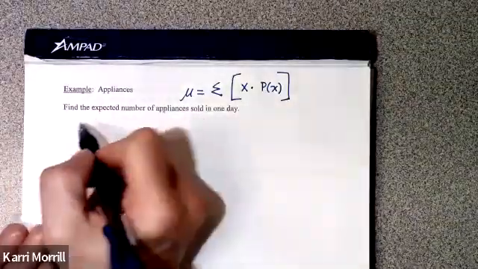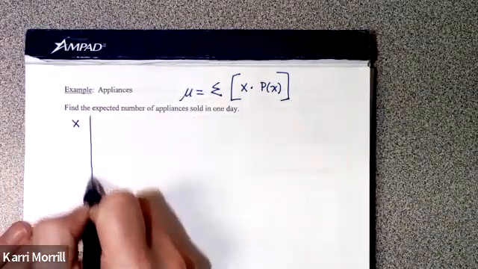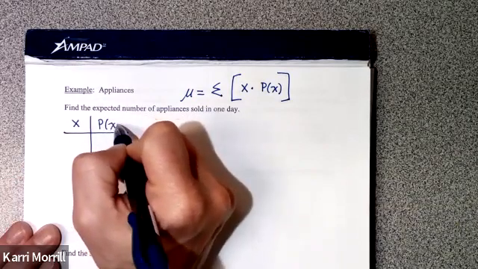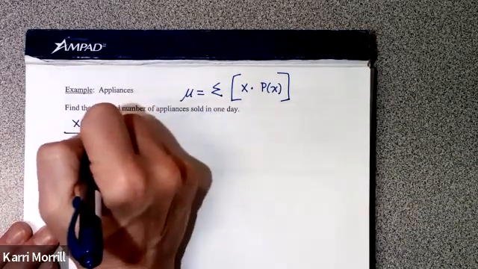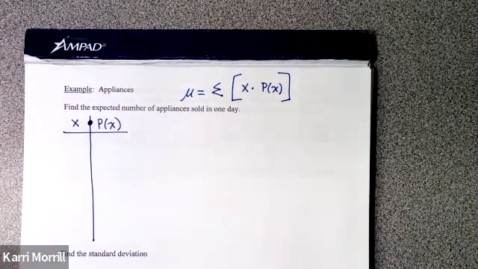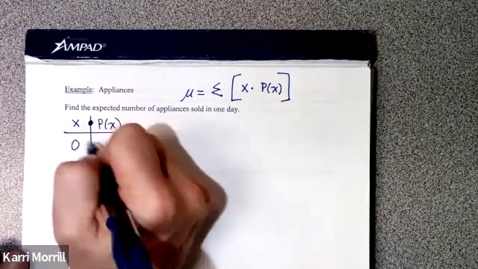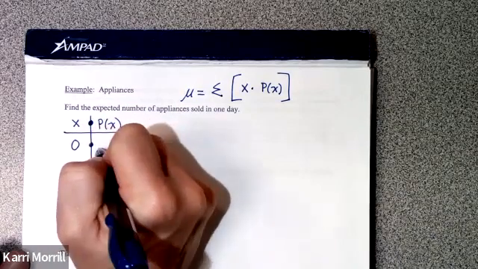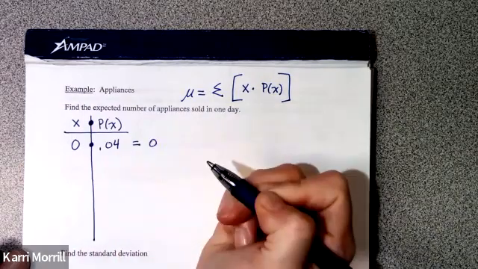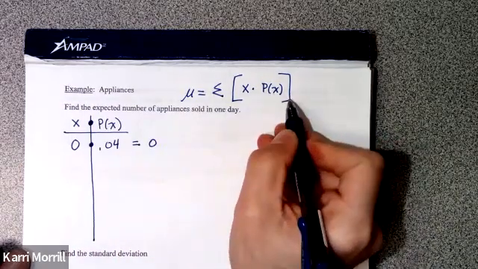So we know the X, and you may want to make a little T-chart, that's really up to you, and P of X, but we're multiplying these things together. It's not making an ordered pair or anything, but we're taking 0 times 0.04 and we get 0 out of that. That's what's happening here.